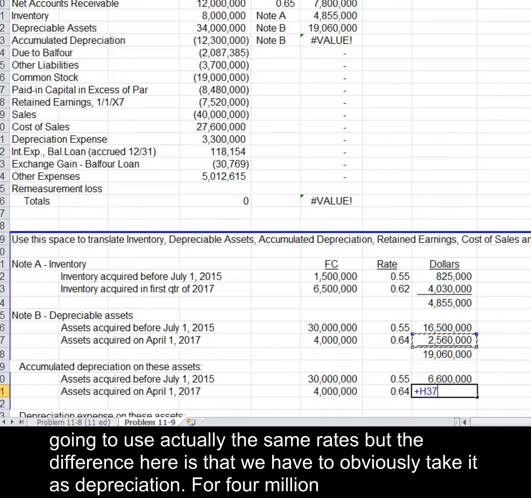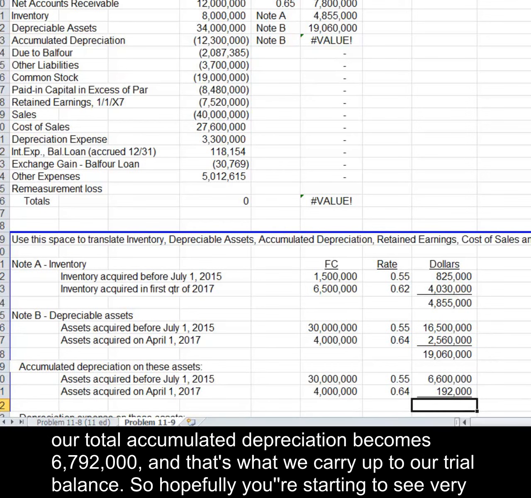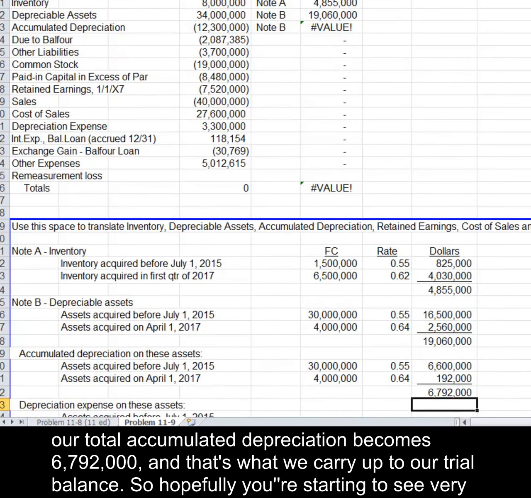For our 4 million, we take the remeasured amount at the 10-year straight line rate, but we had it 9/12 of this year, so that gives us 192,000, and therefore our total accumulated depreciation becomes 6,792,000, and that's what we carry up to our trial balance.